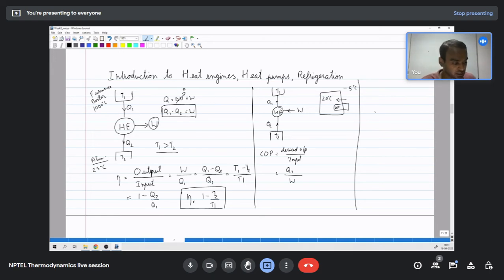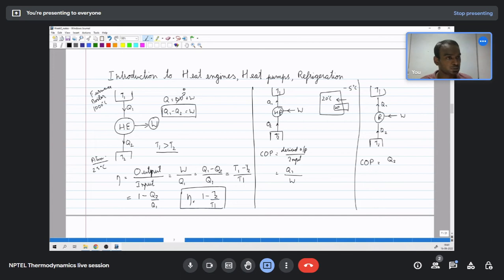So similarly, for the refrigeration cycle, we have the same configuration as a heat pump. The work is given as input, and Q2 flows from a low temperature reservoir at T2, and Q1 energy flows into the high temperature reservoir maintained at a temperature T1. So here COP is desired output by input again, and desired output is Q2.